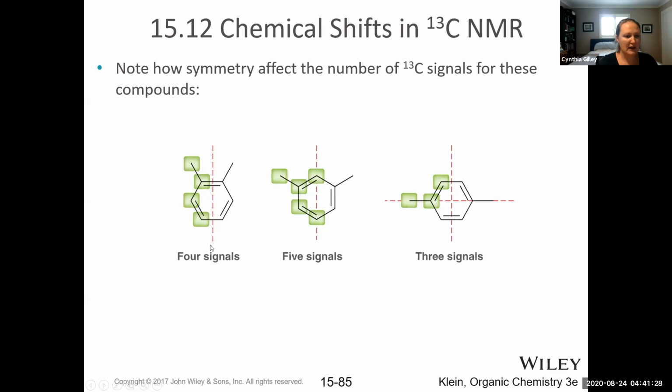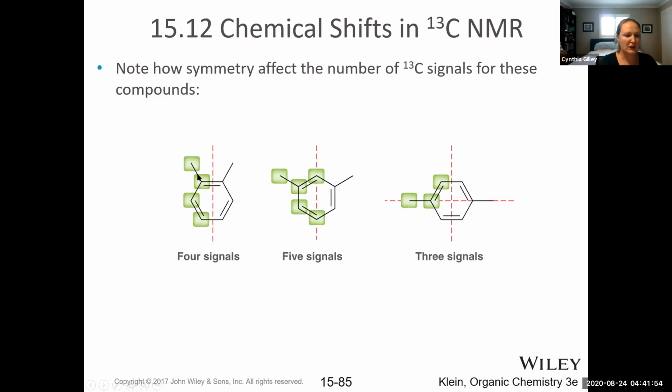Remember, with the proton NMR, we expected 3 signals for ortho-xylene because the hydrogens here, here, and here created the 3 signals. This carbon doesn't have any hydrogens, so there would be no signal in a proton NMR. But for a carbon NMR, we would see a signal because we're looking at the actual carbons themselves, and it doesn't have to have a proton attached.